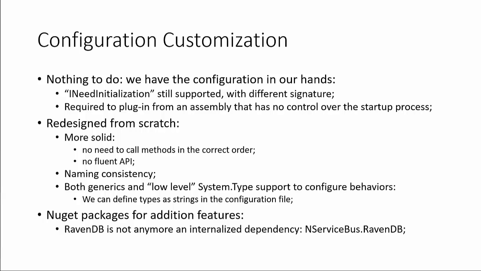In this case, it will be much easier to follow up with the evolution of RavenDB, and to plug in new versions of RavenDB and not have a strong dependency on the internalized RavenDB version.